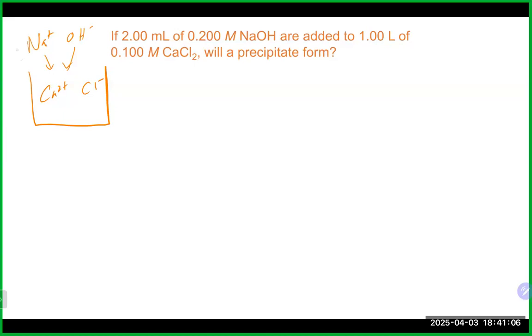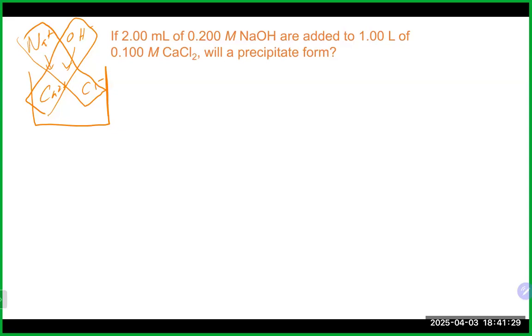Obviously, our choices would be these guys come together, and those guys come together. So clearly sodium chloride, based on solubility rules, would you get a solid? I'm going to say no, since that's group one, and everybody in group one is quite soluble as well. So that's not the option here.